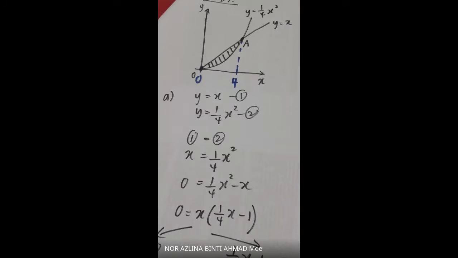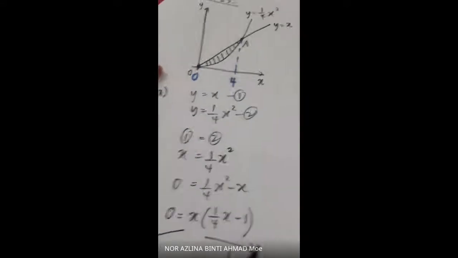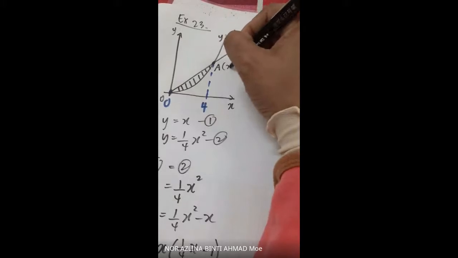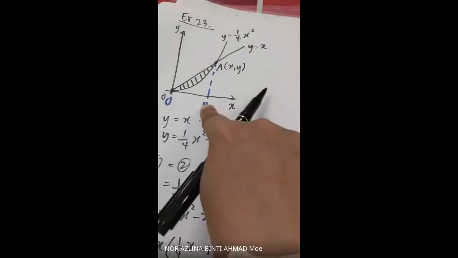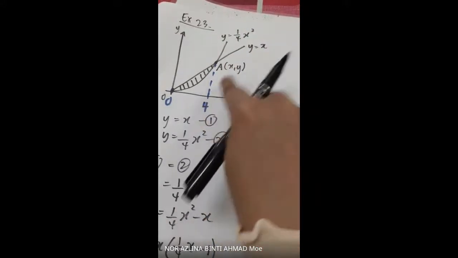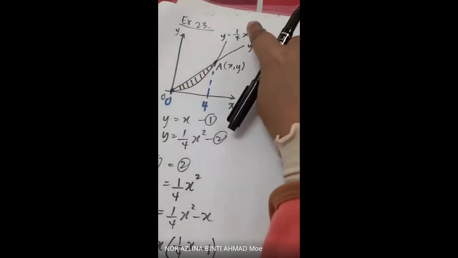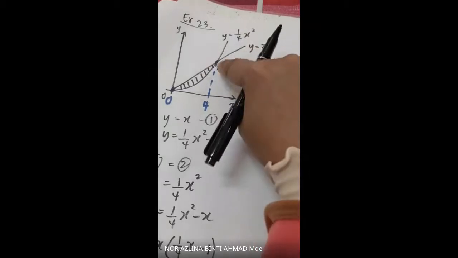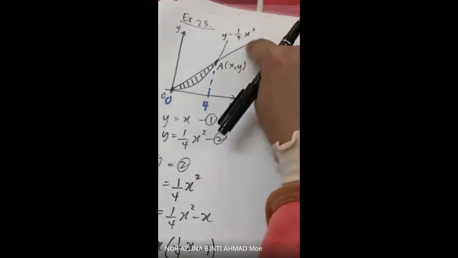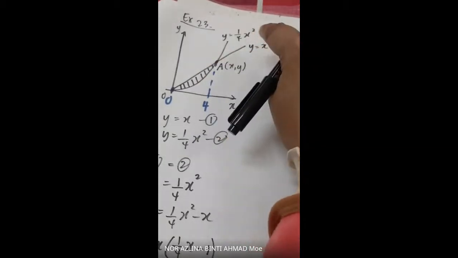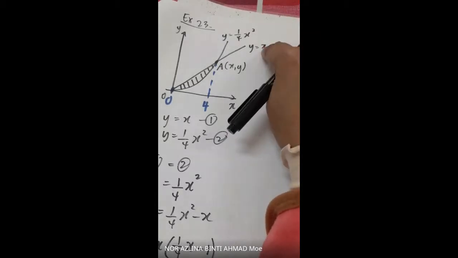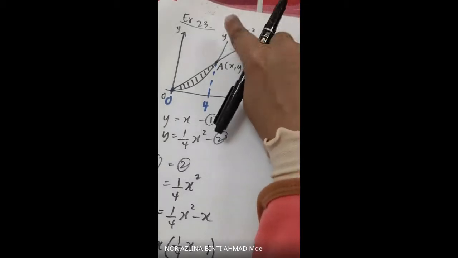The question asks you to find point A. Point A means it has x and y. After you get x equals 4, how to get y? You can substitute into equation 1 or 2, either one, because this point A is on the first line and also on the second curve.